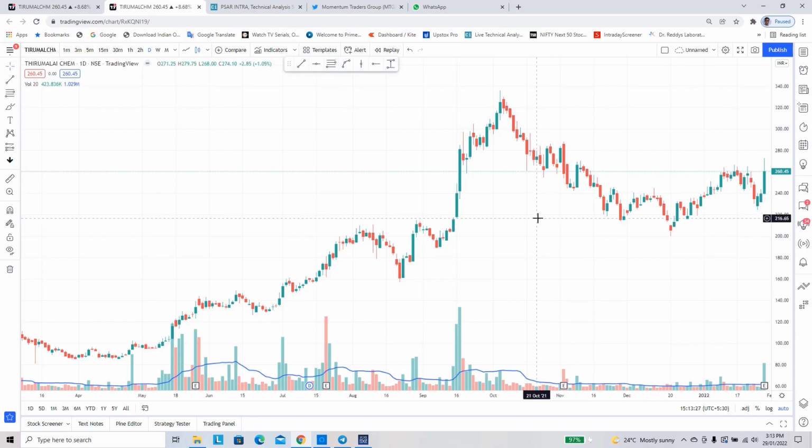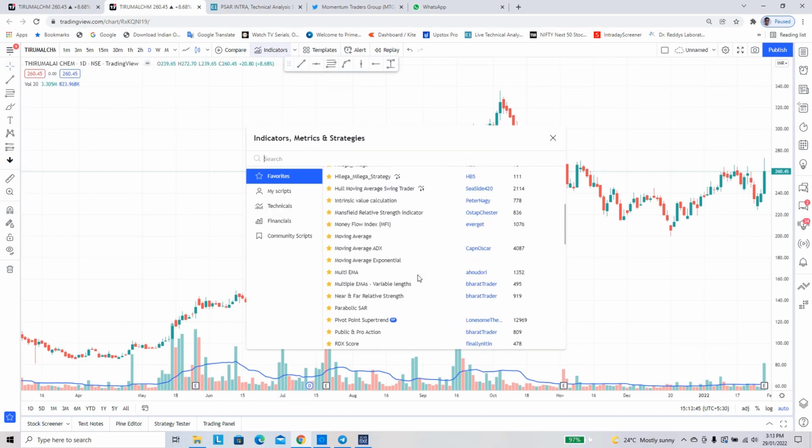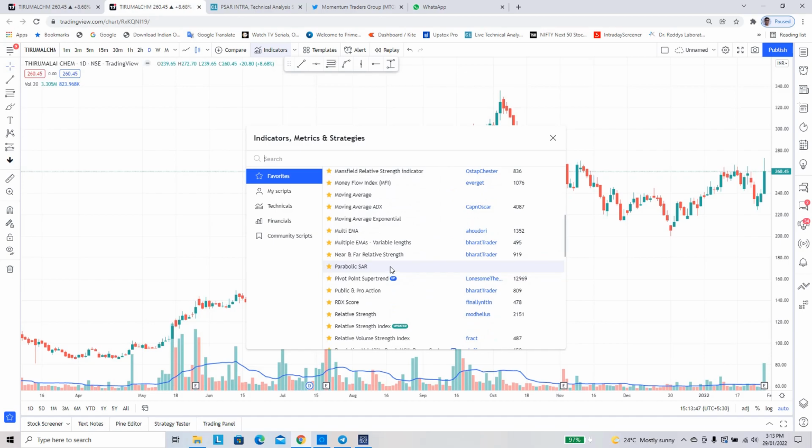So for the Junior KG strategy, you all know the hero of this strategy is the Parabolic SAR. The first indicator we will put on the chart is Parabolic SAR, and I'll let you know the settings of that.